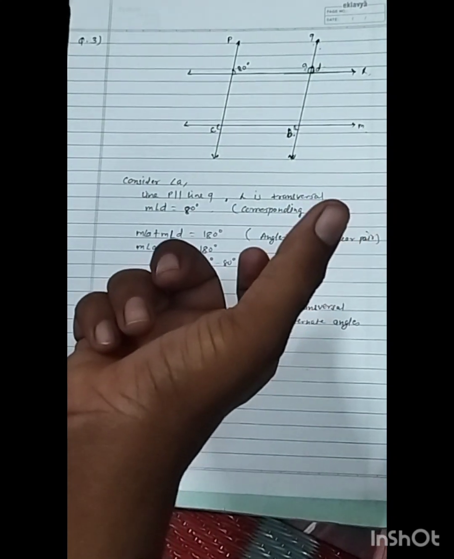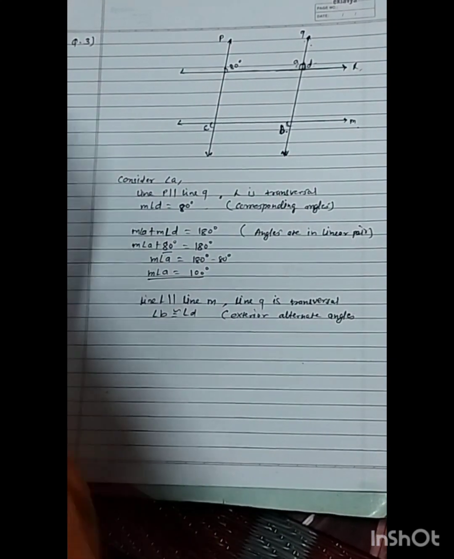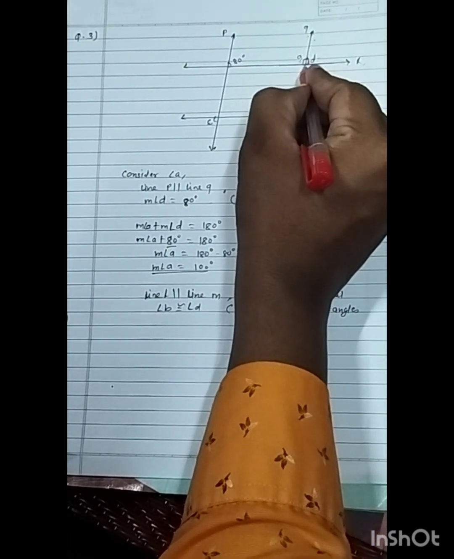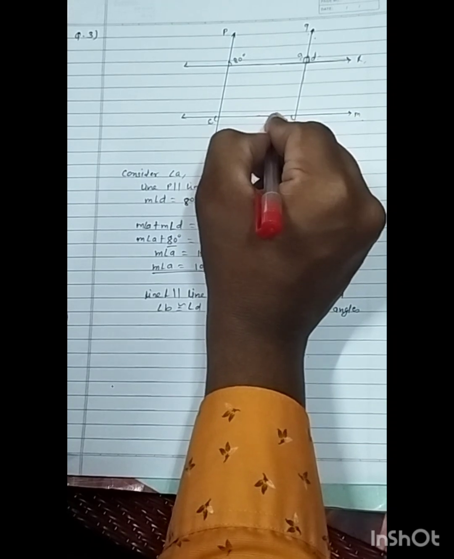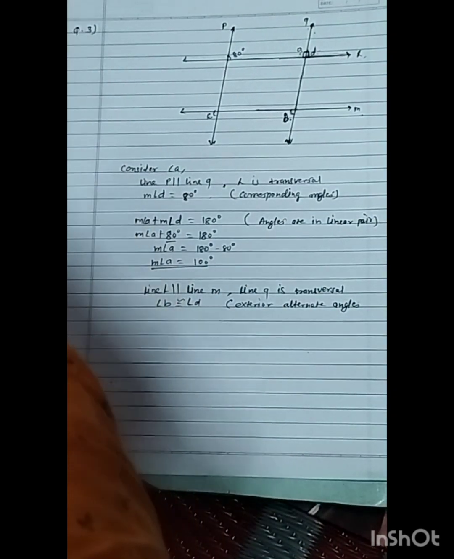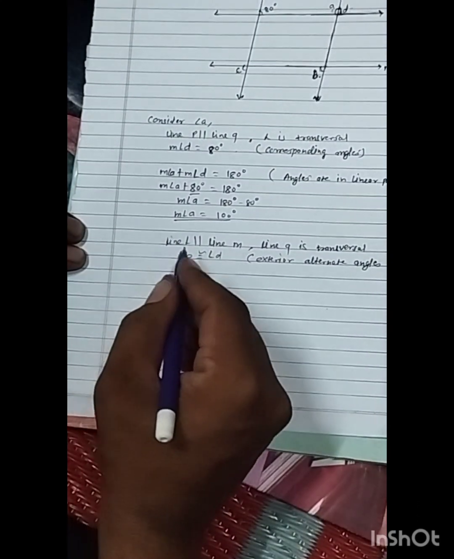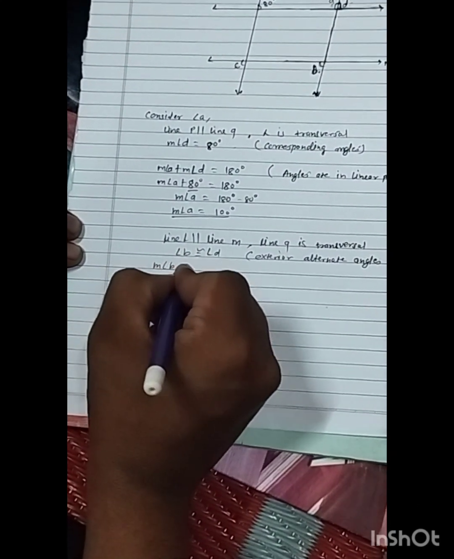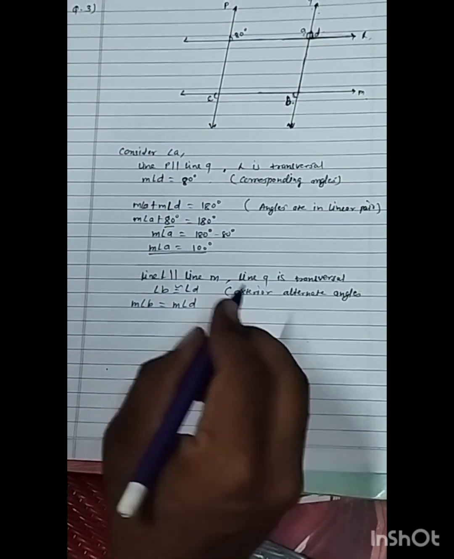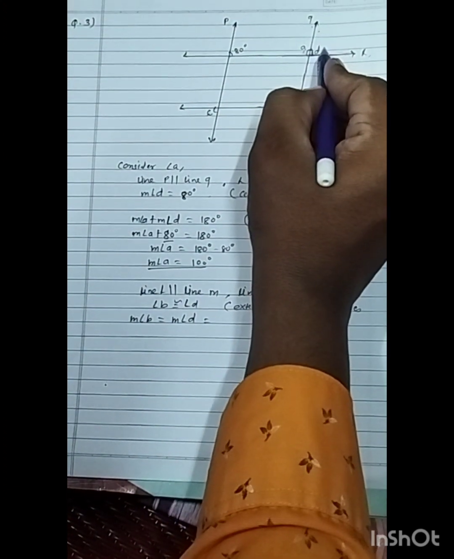And so for this one trick is there. If there are alternate angles, then the letter Z is formed. You can check which letter is formed. Z, like this. Here from this to here, so we will get the letter Z. Okay, students. So here we got angle B is equal to angle D. So we can write measurement of angle B is equal to measurement of angle D, and already we got the 80 degree here.